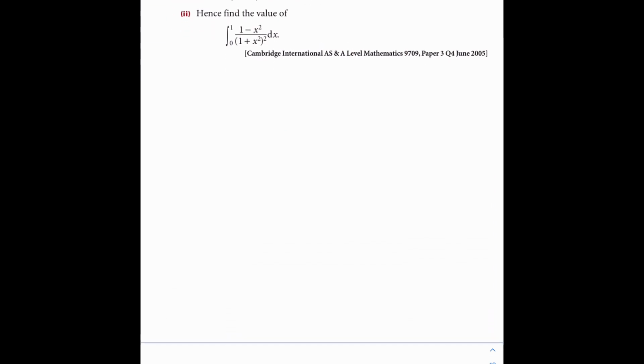Use the substitution x equals tan theta to show that the integral of (1 minus x square upon 1 plus x square) the whole square is equal to this. Okay, let's try this now. In place of x, you have to use tan theta. x equals tan theta, so dx upon d theta equals sec square theta.